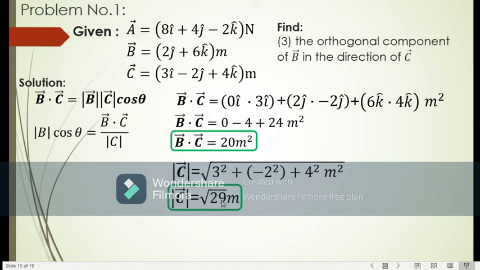We can now substitute the value of B dot C and the magnitude of C in our equation to get the orthogonal component of B. For the orthogonal component, or B cosine theta, B dot C is 20 meters squared and the magnitude of C is the square root of 29 meters. Using your calculator, you can compute 20 divided by the square root of 29 as 3.71. The unit is meter. This is our final answer for the orthogonal component of B in the direction of C.